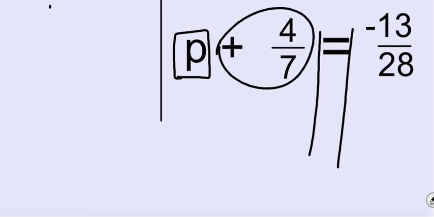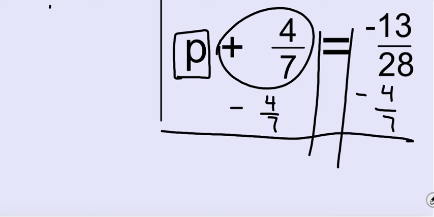Step 2 says to do the inverse operation or the opposite. So if this is a plus, the opposite is to subtract. So I'm going to subtract 4/7 there. That's step 3 to keep it balanced. I know that a positive 4/7 and a negative 4/7 cancel out, leaving me just with P.